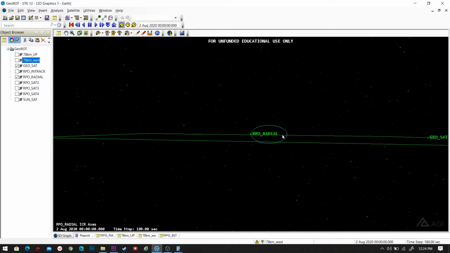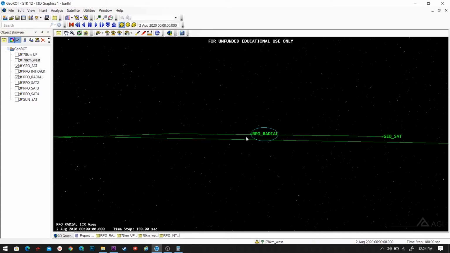There's a lot of caveats with this. But if we imagine this initial use case where RPO sat has the same relative eccentricity as some point on the GEO orbit, then this rule of thumb works really nice and it scales linearly just like all the others. Okay, so all the legalese done.